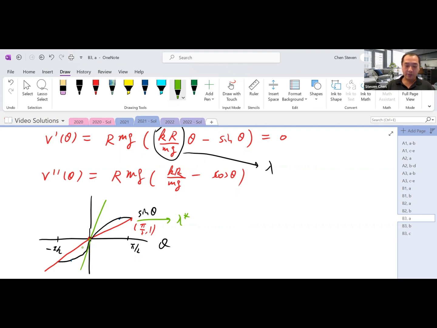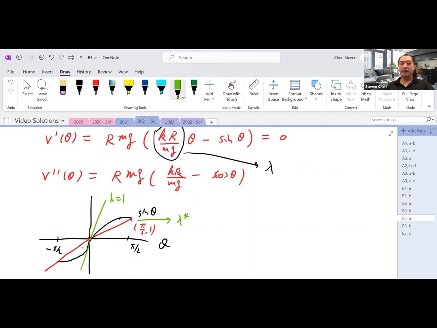So when lambda changes from lambda star to lambda equal to 1 in this range, there are 3 solutions. And when lambda is equal to 1 or is above 1, it just has a single solution, right? That is the origin. So now we have a very clear picture about the number of equilibria, okay?